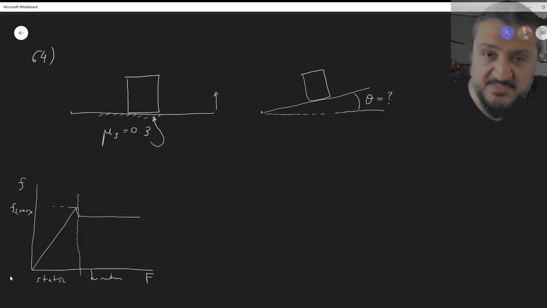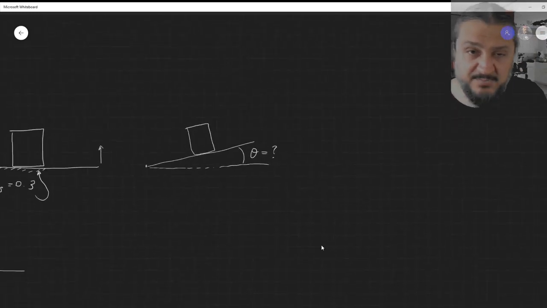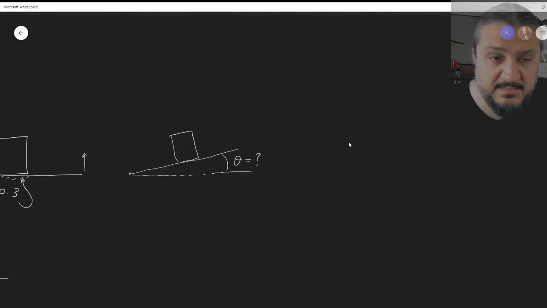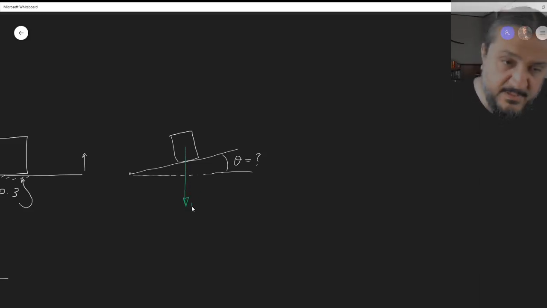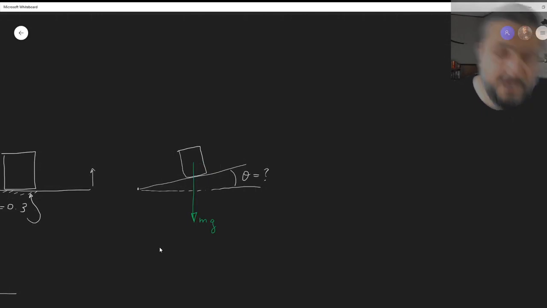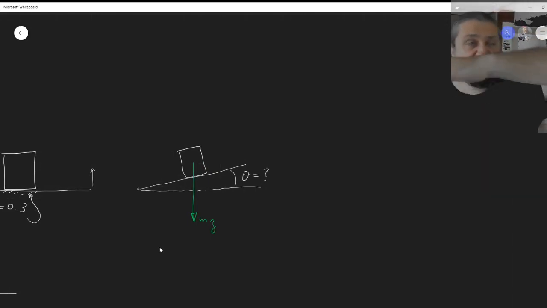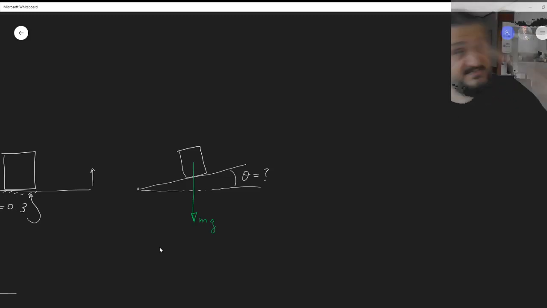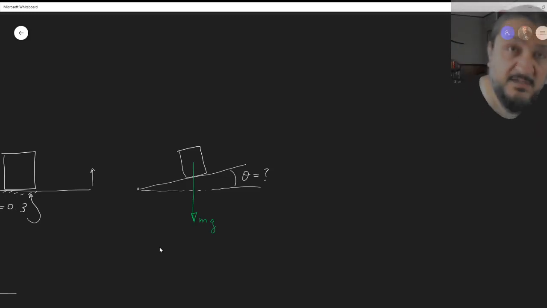All right, now this one's interesting because we have now an inclined plane. An inclined plane, okay? And what are the forces here? There's gravity pulling the object downward, mg. We're not given m, but let's just keep it as mg for now. Now, the thing that keeps it from sliding down is an up the incline friction force, right?